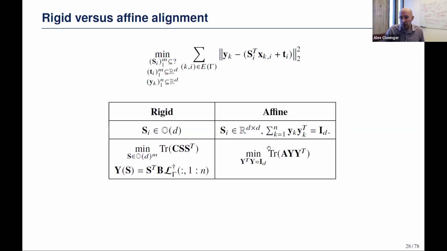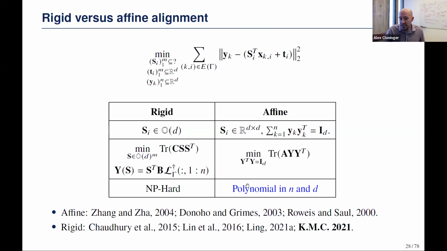It turns out both of these problems can be rewritten as problems about the trace of a particular set of matrices. You can solve the affine problem pretty nicely, and there's a lot of work on this. This is what a lot of manifold learning techniques do, but it suffers, and I'll show you why in a second. I'm going to focus on this rigid problem, which is harder, but will give you a better result.